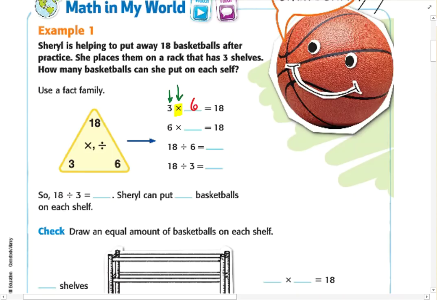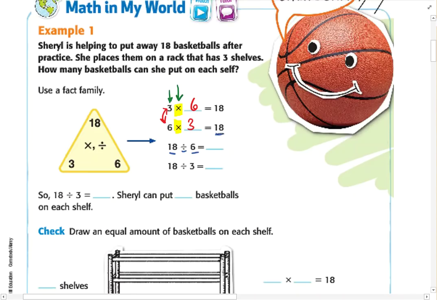And because of the commutative property of multiplication, I can write these the other way. 6 times 3 is 18. Again, look at your sign, the operation you're using. On the flip side of that, now we can use 18 divided by 6.